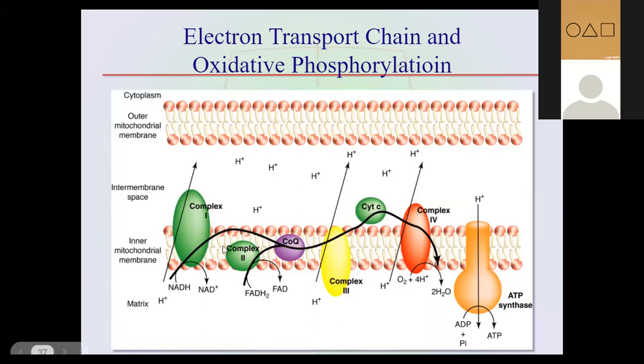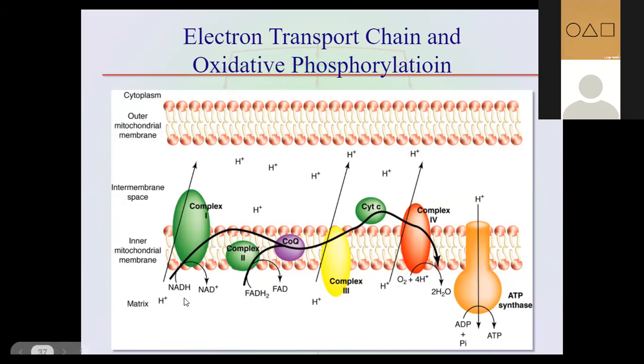Tapos nandito yung inner mitochondrial membrane. So dito sa matrix, dito na nangyayari yung Krebs cycle. Dito sa gitna, between the outer and the inner mitochondrial membrane, they call it the intermembrane space. Okay. So what happens during electron transport chain and oxidative phosphorylation?